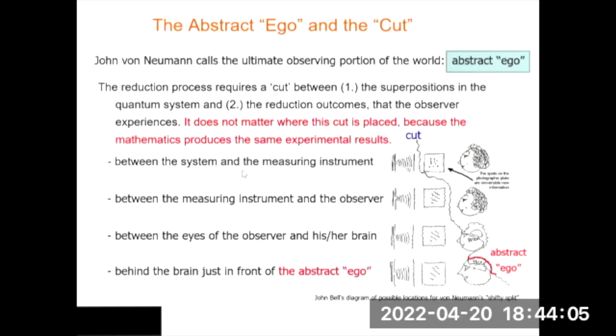You have there the different possibilities, but at the last moment, most deep into the brain, he even says it is behind the brain, just in front of the abstract ego. So not exactly how John Bell draws it, but more with this red line. And he calls that which experiences the observation the abstract ego.